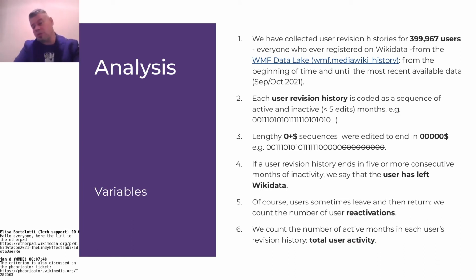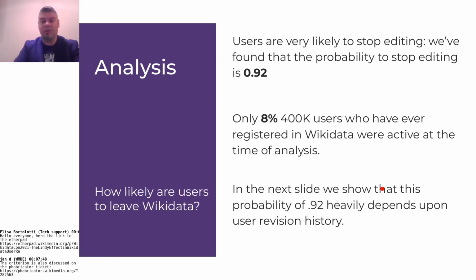Also, we added some additional features there, some additional information on editing behavior. I will explain that a bit later. So the first important thing is that when you look at the population, we are actually looking at the population of Wikidata users here, editors, if you prefer. So the chances of leaving are really high.